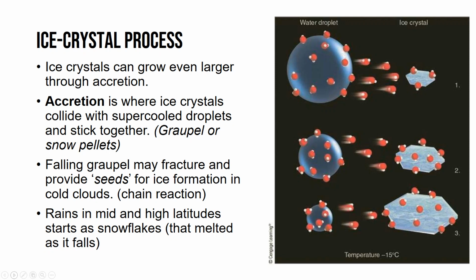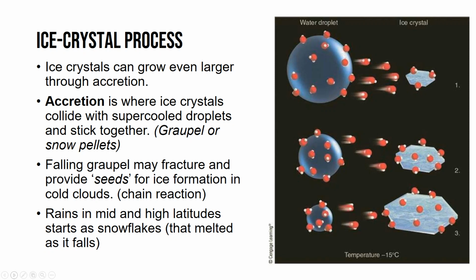Remember that in these clouds, even if it's warm or cold, there is collision. And so this falling graupel or snow pellets, when they collide with other ice particles, they either stick together or they fracture and provide seeds for ice formation in cold clouds.